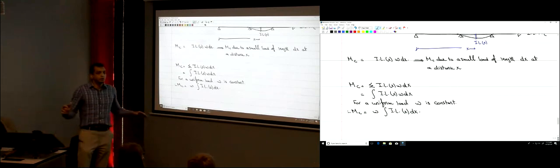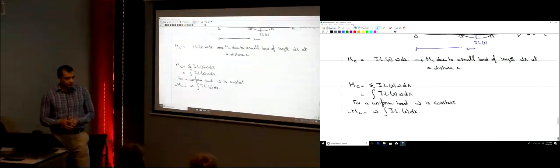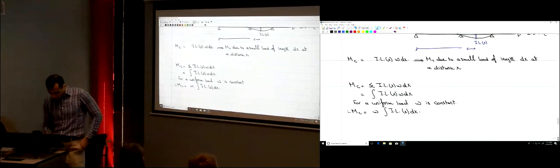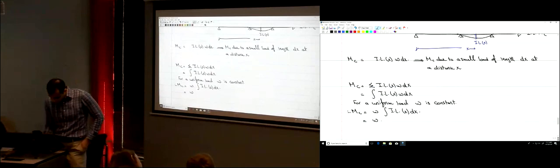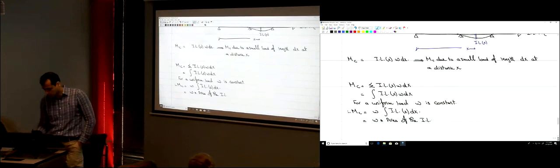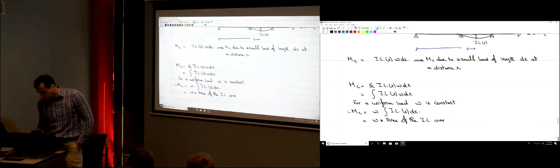What's the integration of a function? If you have a function, what does the integration represent? It's the area under the curve. So this is W multiplied by the area of the influence line over which the load is applied.